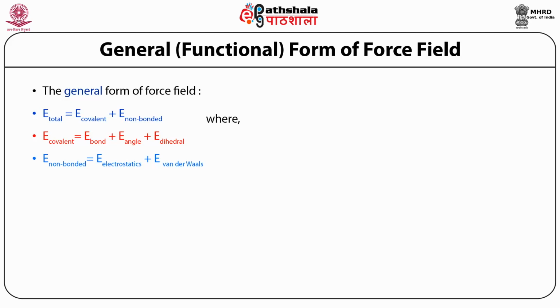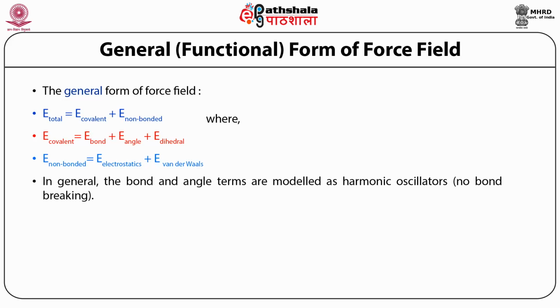Whereas E non-bonded has the non-bonded criteria, supporting energies being electrostatics plus all the van der Waals interactions. As you will see, bond and angle terms are most often modeled as harmonic oscillators. So, energy functions more or less look like harmonic oscillators. How well they fit, I'll show you later.